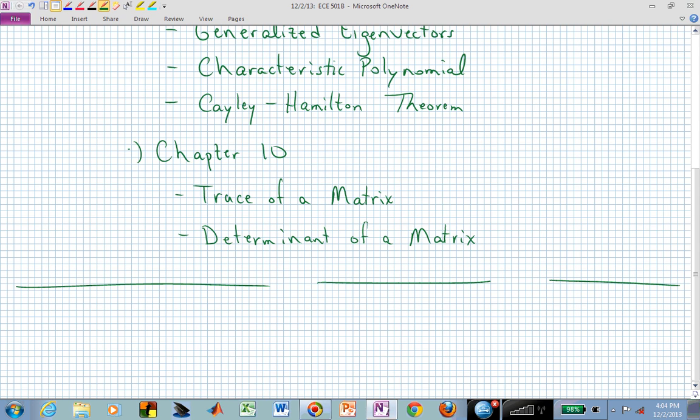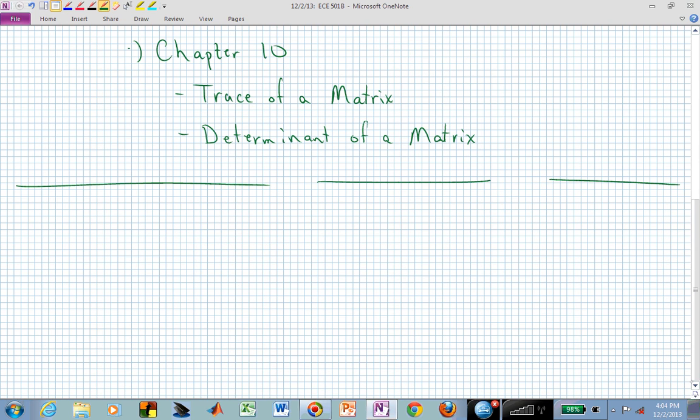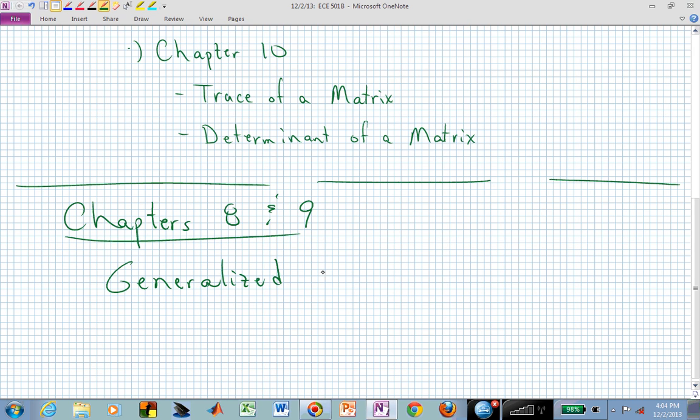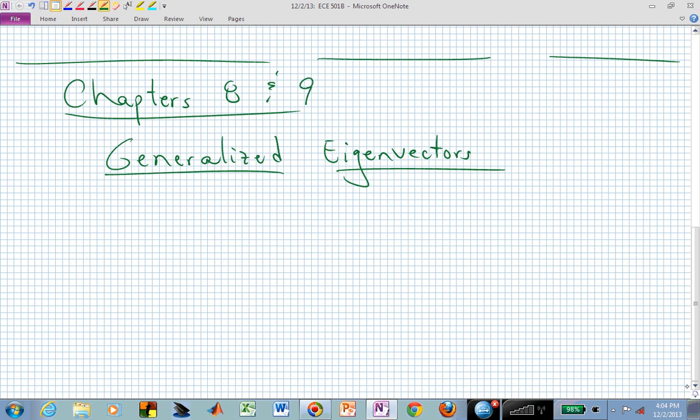Let's then get started in, I'll say chapters 8 and 9, but we really are going to be dealing with material from chapter 8. And the topic here that we are going to start with is that of generalized eigenvectors. And why do we need those?